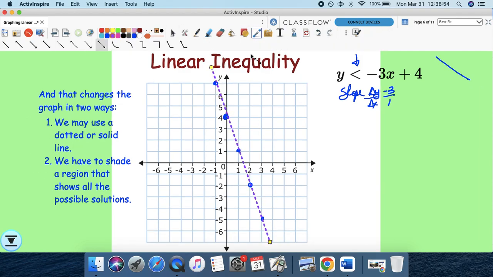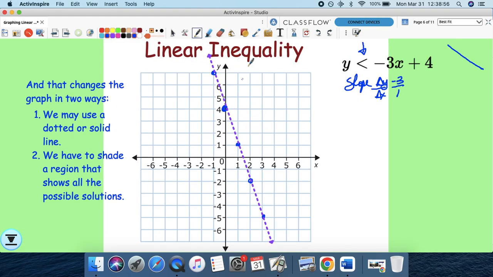Why are we using a dashed line? Because if I took a point on the line, it would not make that inequality true. Okay? And just because this is our first time doing this, I'm going to prove that. Let's pick an easy point. 1 and 1. 1 and 1 is on the line, and it's not going to work.